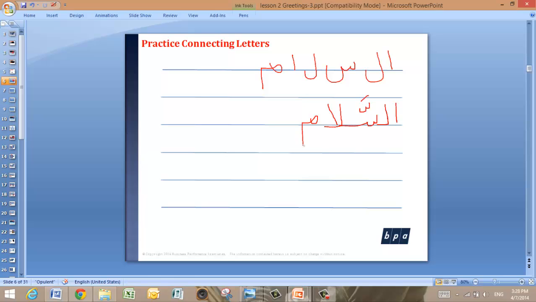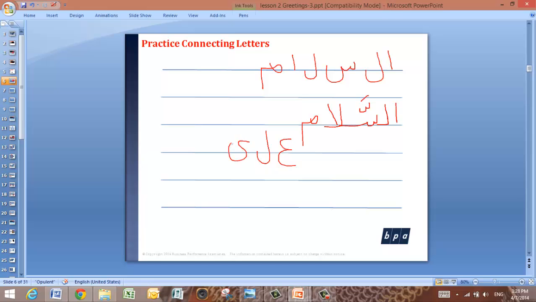Now let's try the second word, which was alaykum. Has a ayn, then lam, then ya, then kaf, and then meme.